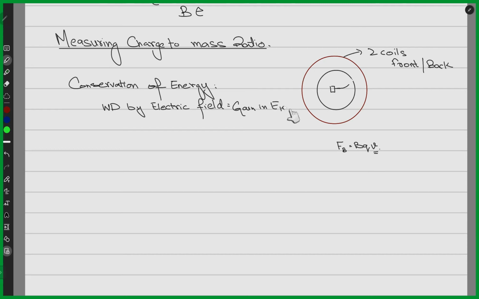I write it as Ek of the electrons. So mathematically, I can say that the work done is the change in the kinetic energy.